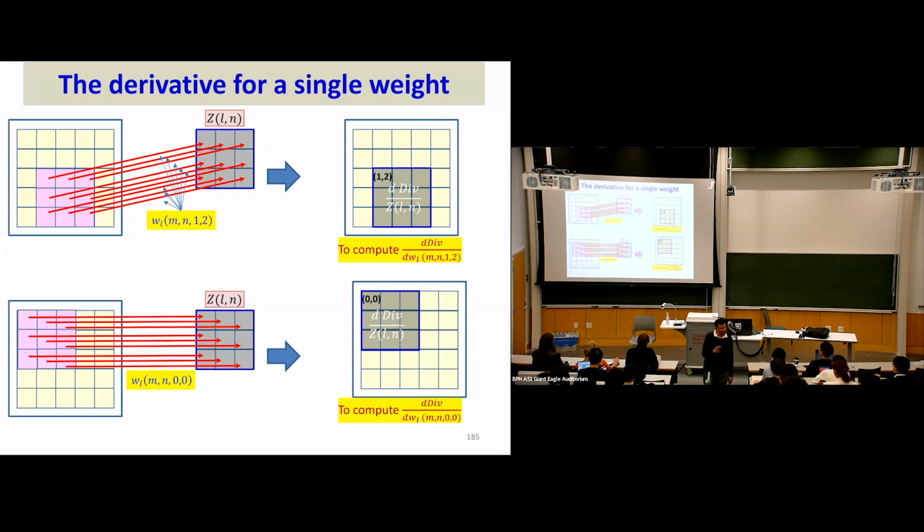So if you look at it this way, what we find is that in order to compute the derivative with respect to any specific element of the weight, you're placing this derivative map starting at that location and then taking the inner product.